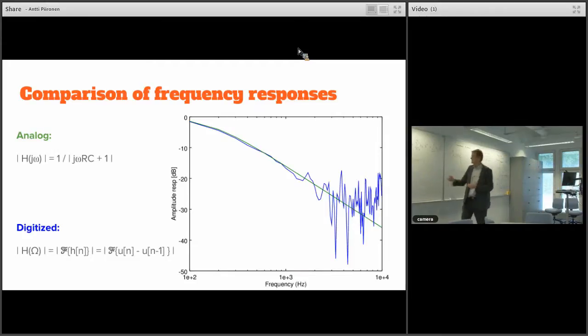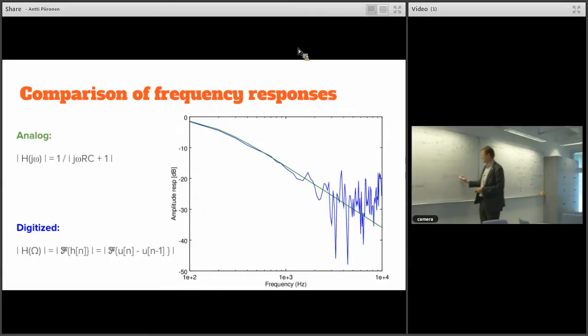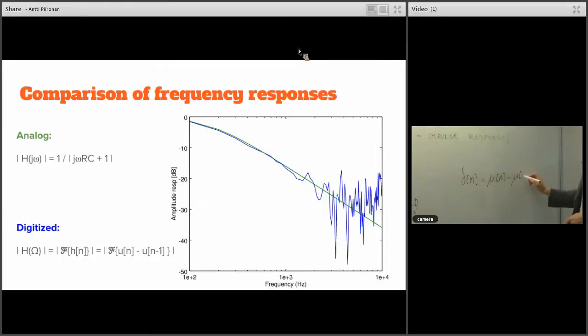So basically, an impulse function is also the same as the step function minus a time-delayed step function. If a system is linear and I want an impulse response, I can run a step function through the system.